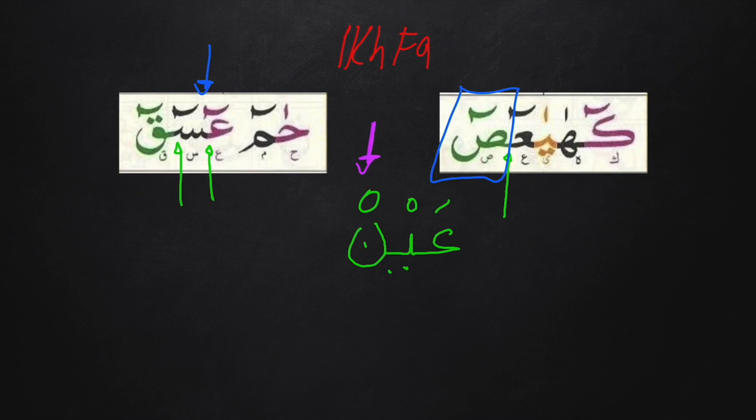And also if we break down Sin, we will see Sin also ends in a noon sakina. So after Sin we have the letter Qaf, and Qaf is one of the ikhfa letters too. So when we recite these huruf muqatta'at, we have to do ikhfa.